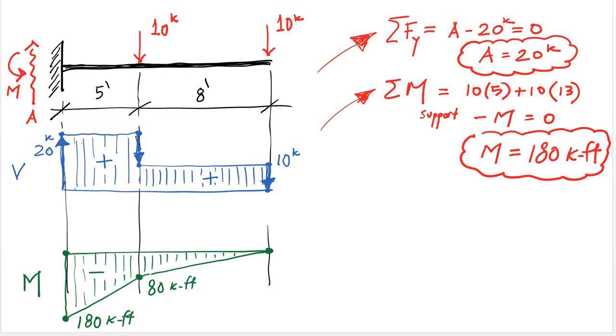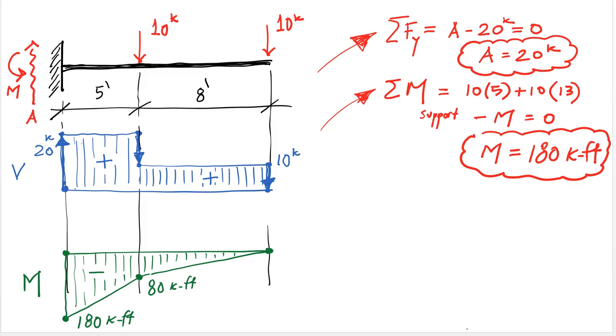So now that we have the vertical reaction and the support moment, we can proceed to draw the shear diagram. We start at the root right here. At that point, we have a vertical reaction of 20, so that goes up.